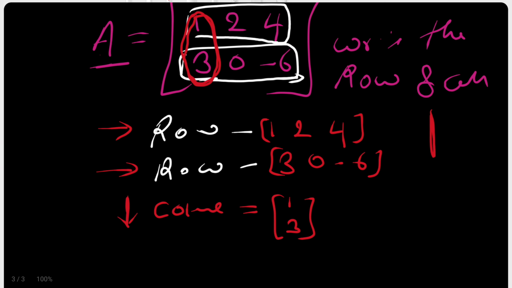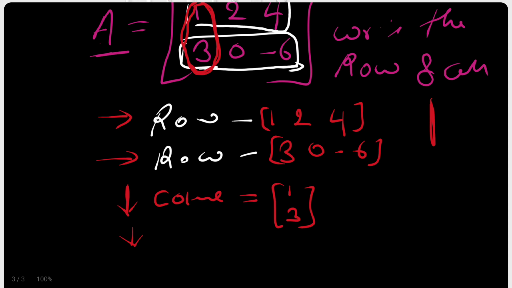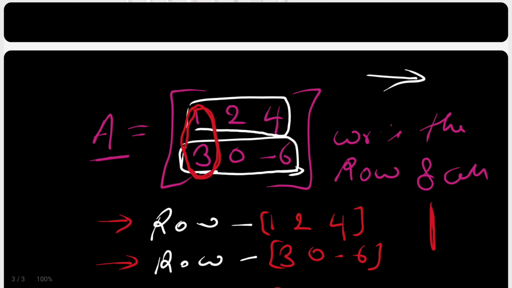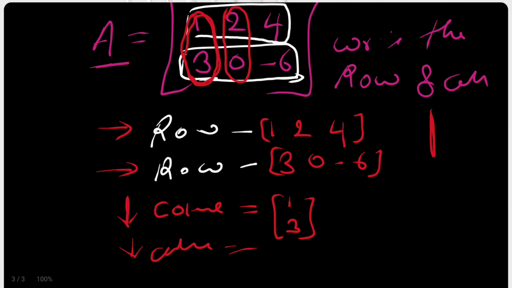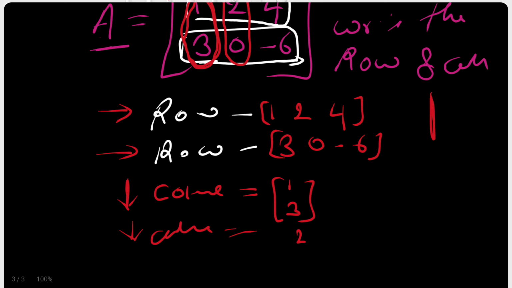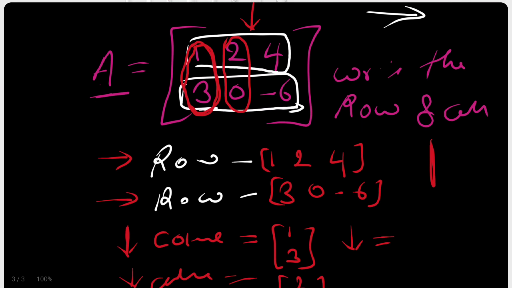Okay, what is another column in this one? Let me find another column. This 2 and 0 is coming that side, this is going that side. It means that it is our column, so we can write here column 2 and 0. Then another column, did you see? Yes, this 4 and minus 6 is also our column.